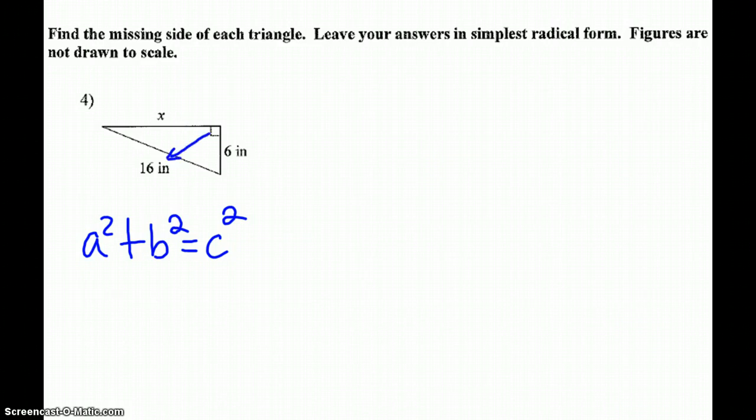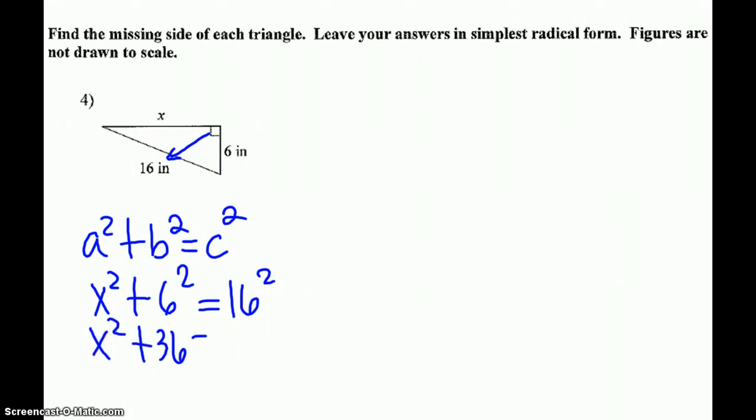It's always across from the right angle. So if I plug my information in, x squared plus 6 squared equals 16 squared, I simplify everything. I subtract 36 on both sides. And I get to this point where x squared equals 220.